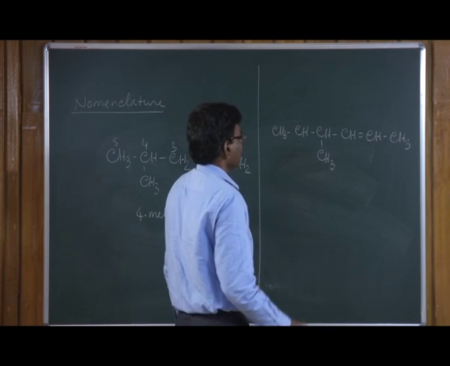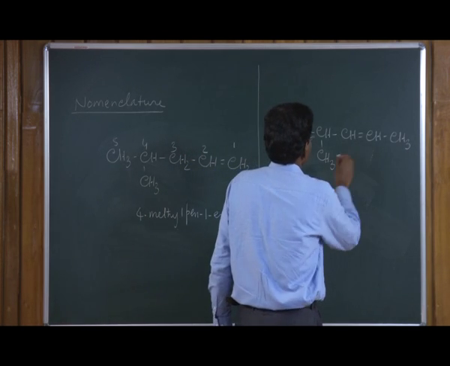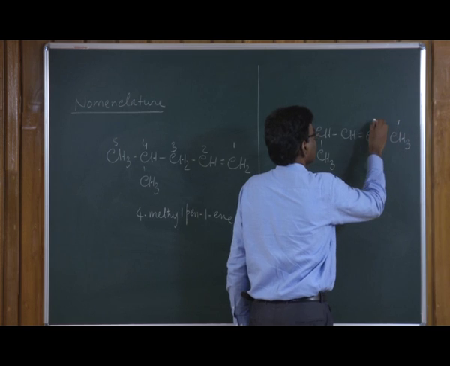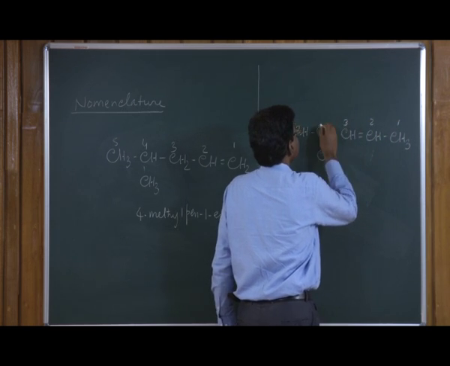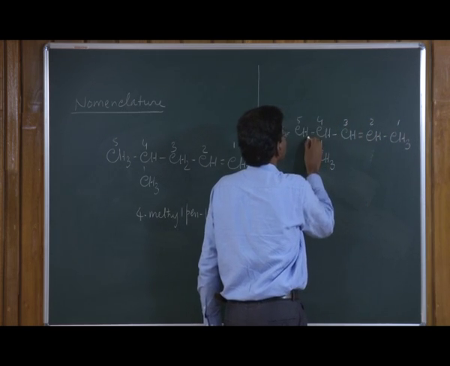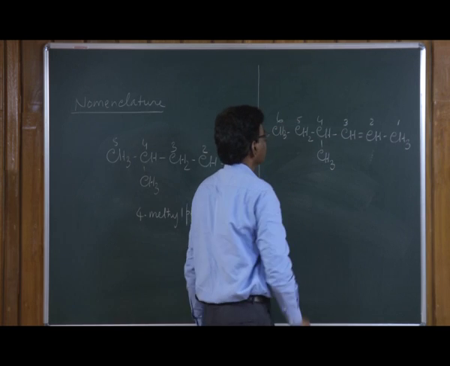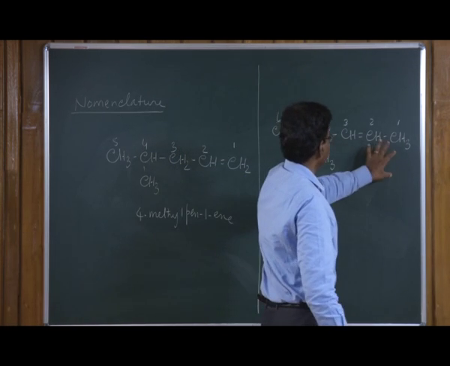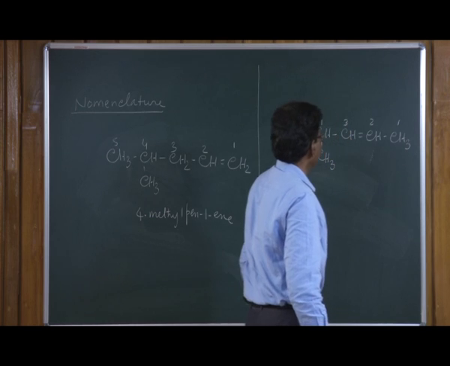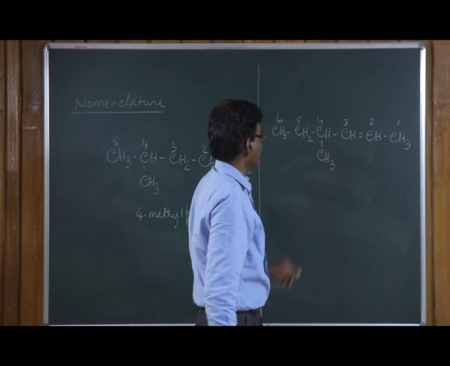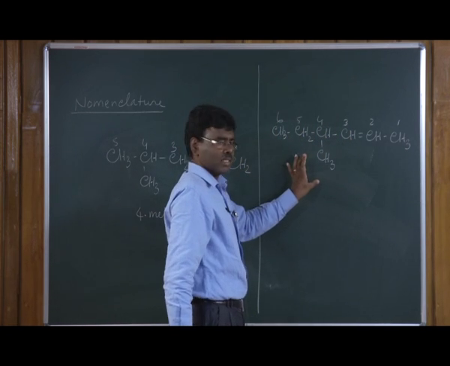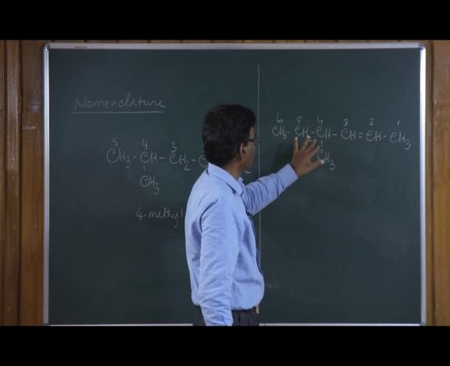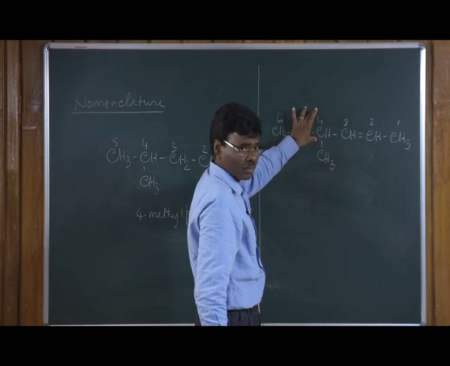So, in this case, we have to start numbering from this side. This is the longest chain where the double bond is present, and the double bond is close to this side, and therefore, we have started numbering like this, and the substituent present is a methyl group in this case, and the position of the methyl substituent is at carbon number 4.